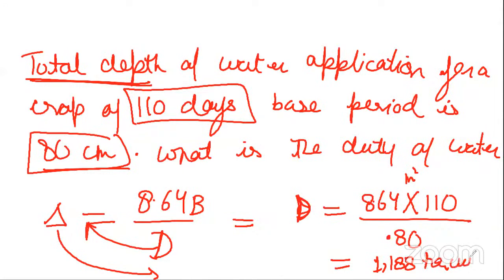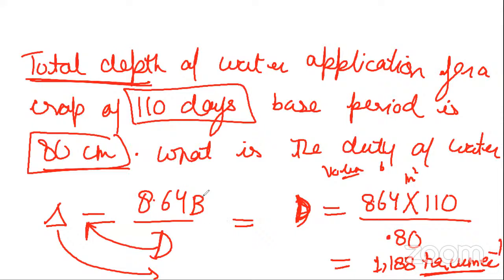hectare per cubic meter per second. This will be the unit of duty, hectare per cubic meter per second, because as I told you, this volume we calculated by converting into seconds.